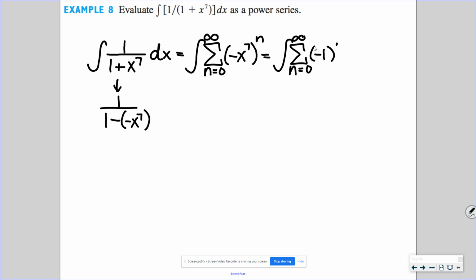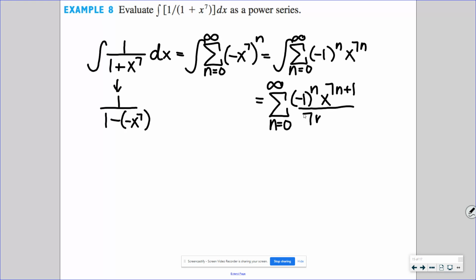So how about negative 1 to the n, x to the 7n? And we're going to antiderive that. Remember that to antiderive, all you have to do is add 1 to the power. So x to the 7n plus 1 divided by 7n plus 1 plus c. That's it.